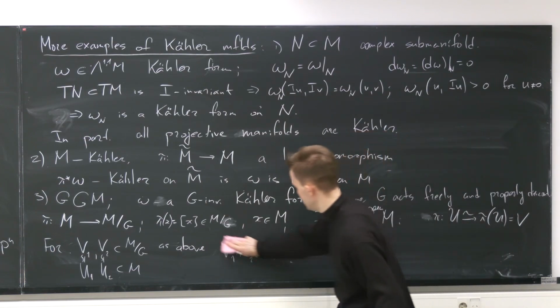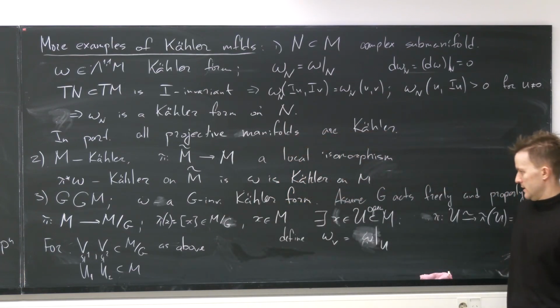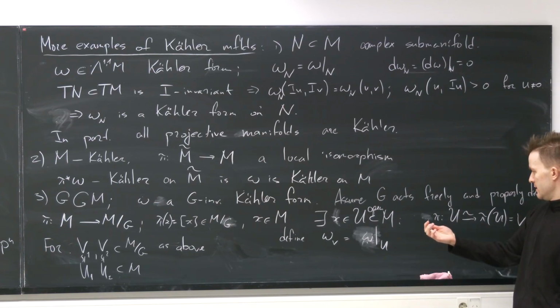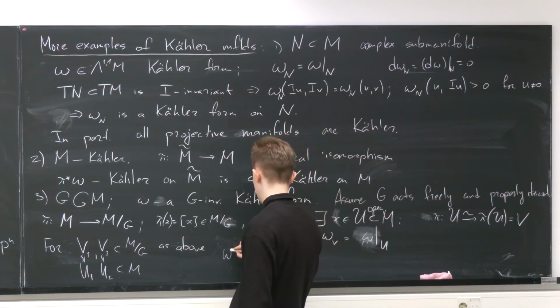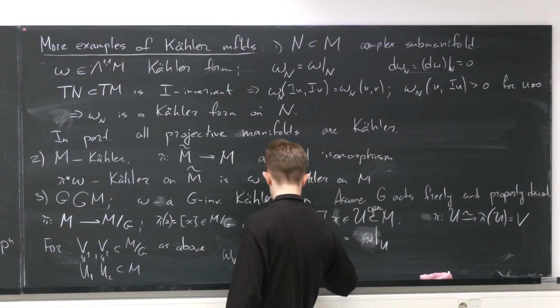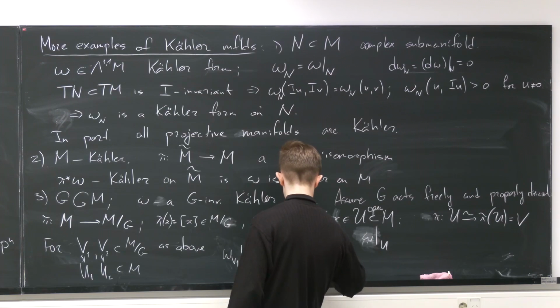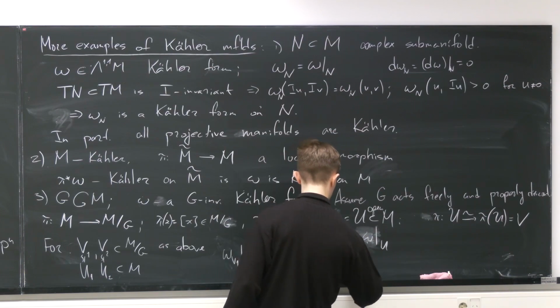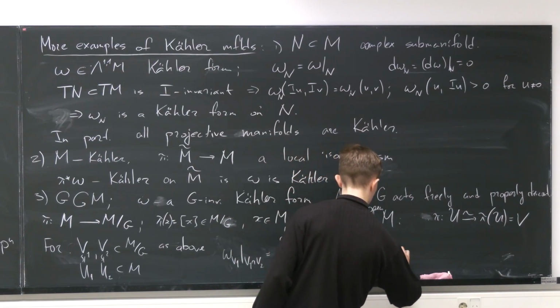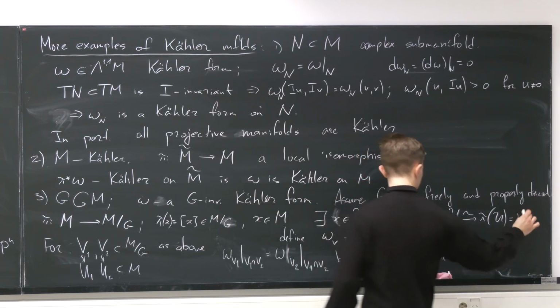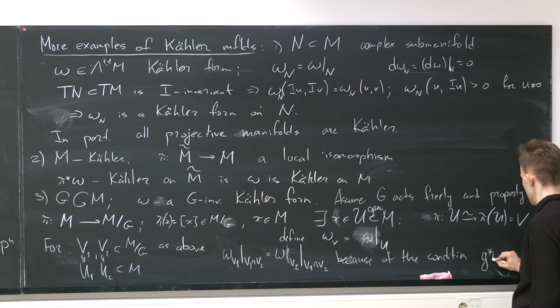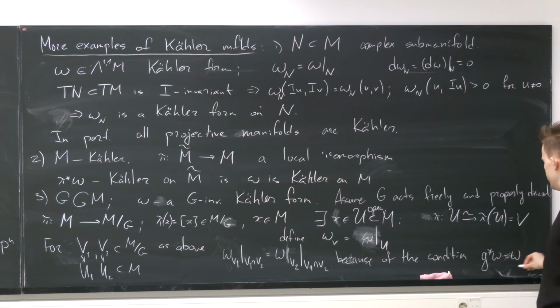Okay, so let me erase this. I want to say that omega V1 restricted to the intersection coincides with omega V2 restricted to the intersection because of the condition of G invariance.